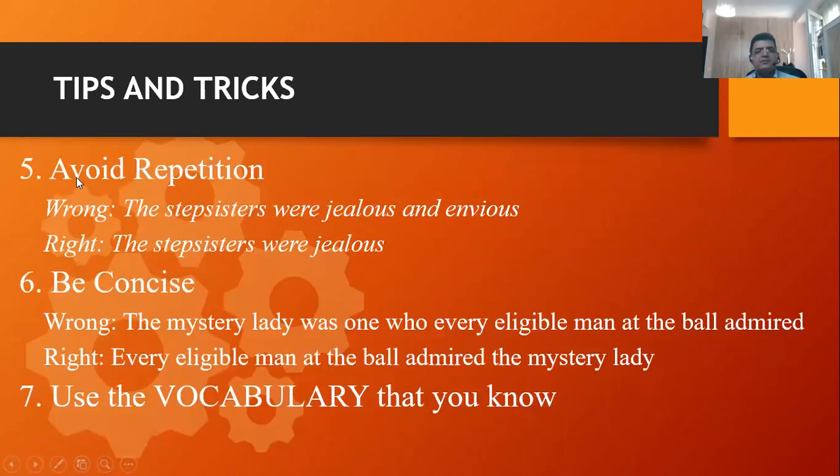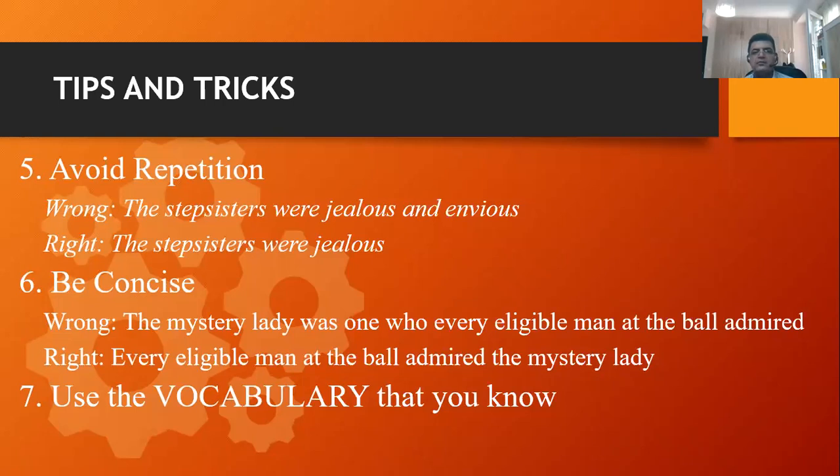So tip number 5: avoid repetition. Sometimes, for emphasis or any other reason, students try to use a list of synonym words. For example, "The stepsisters were jealous and envious." Jealous and envious are synonymous, so you are not allowed to use two synonyms together in academic writing.